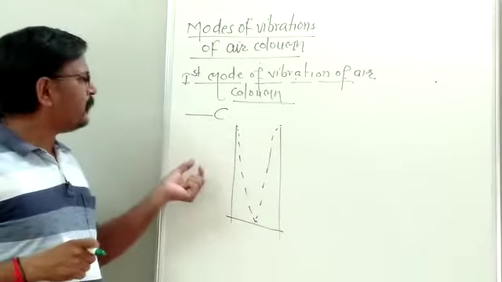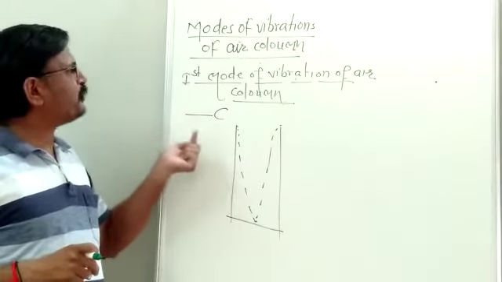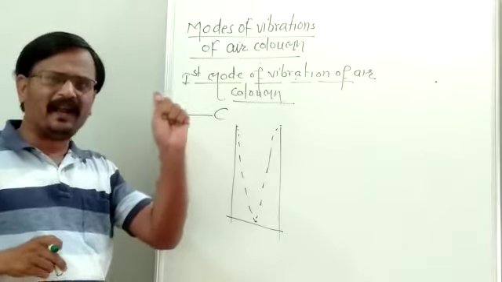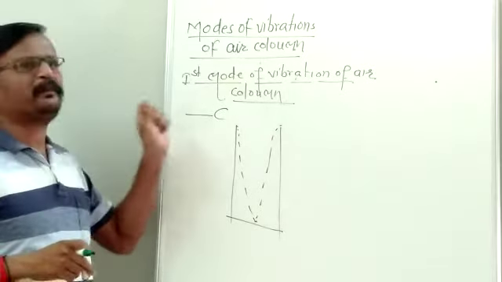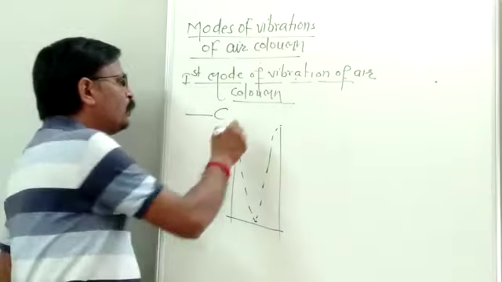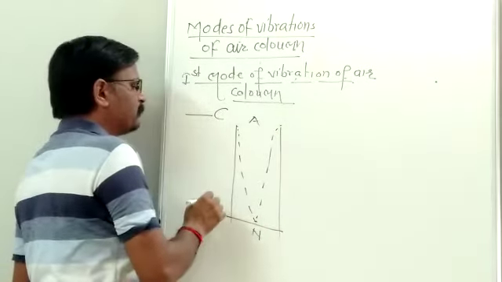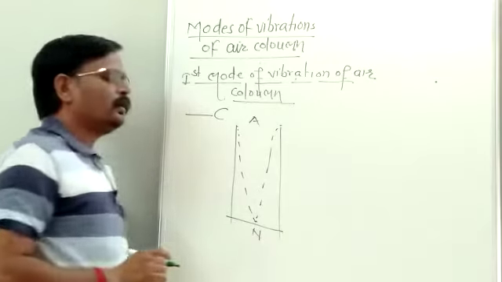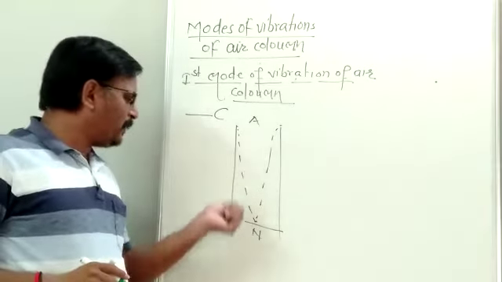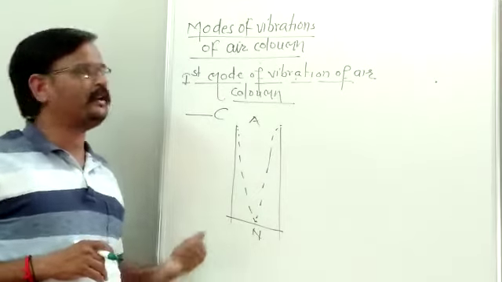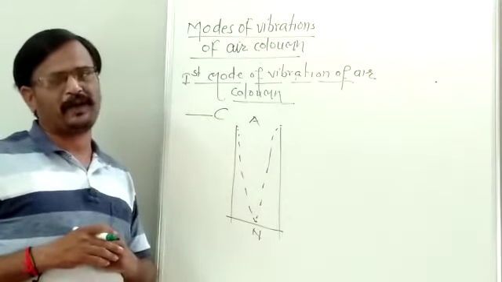Here, what is the first mode of vibration of the air column? The vibrating tuning fork is held near the open end of the pipe in such a way that one antinode and one node should be formed. One node and one antinode should be formed. Node should be formed at the closed end, antinode should be formed at the open end of the pipe.